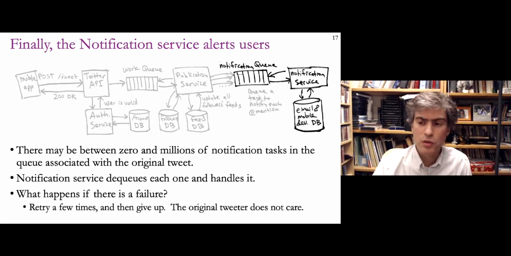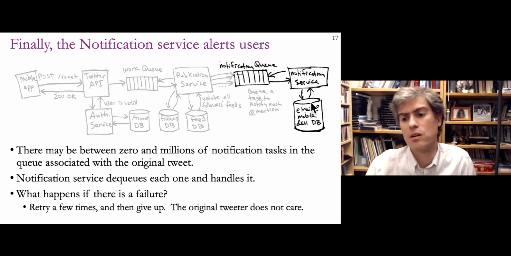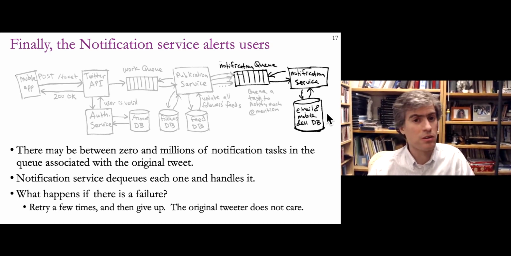Well, we might retry a few times here, but we don't really have a way to notify the original generator of the tweet that two steps downstream and maybe 10 seconds later some notification failed to be delivered. But it's not really a big deal because the original tweeter in this particular application doesn't really care that a notification for one of their followers didn't work.